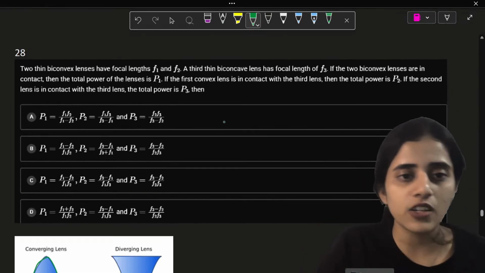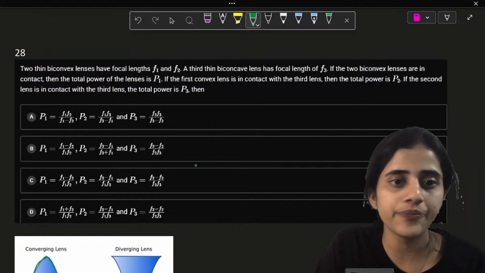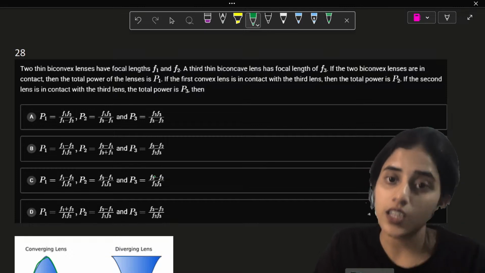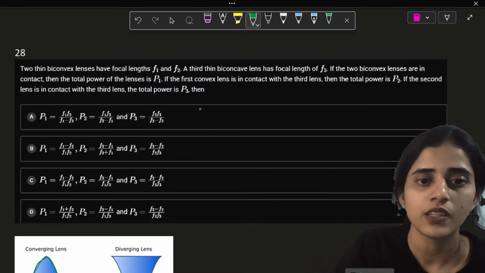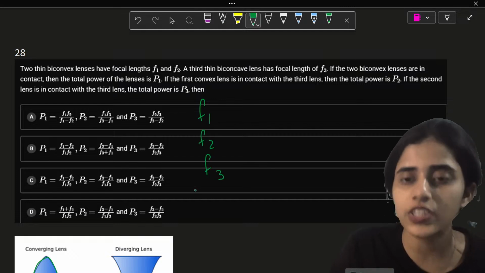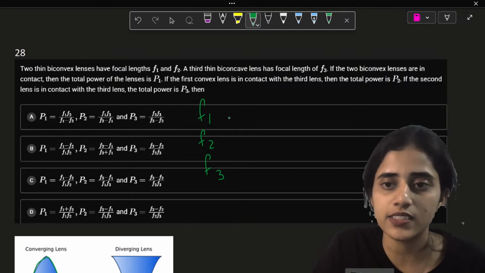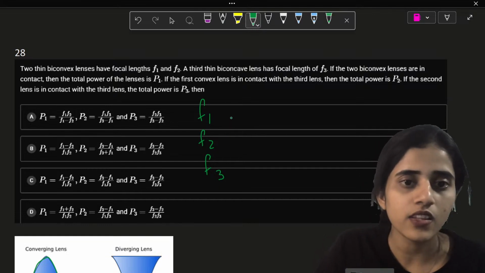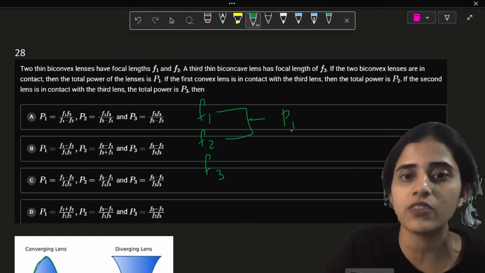So two thin biconvex lenses have focal lengths f1 and f2. A third biconvex lens has focal length f3. So you have f1, f2, f3. If the two lenses are in contact, then the total power is P1.